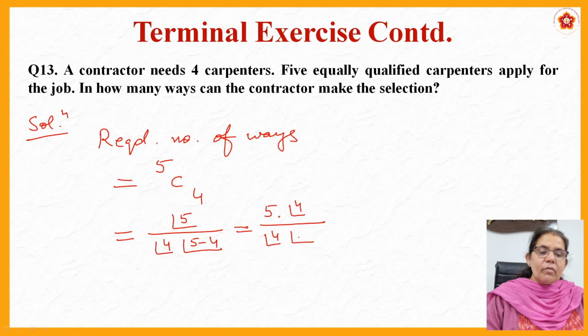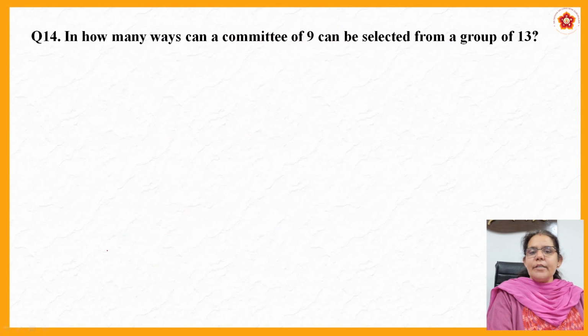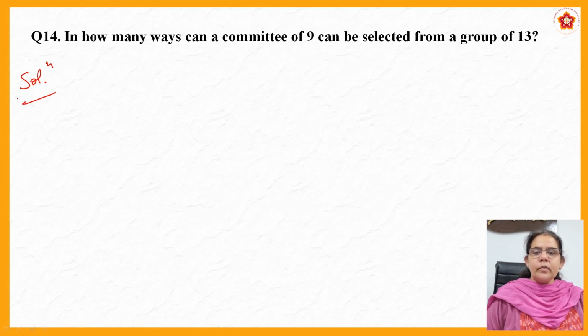This will become 5 into factorial 4, and here we write down factorial 4 only, and this will be factorial 1. So the answer here is 5 ways. This was a very simple application of combination. Now let us look at the next question.